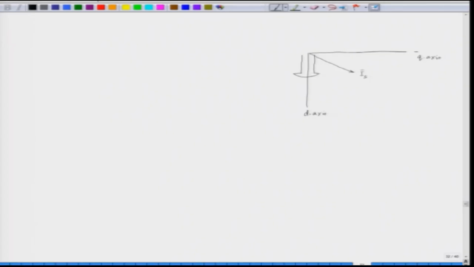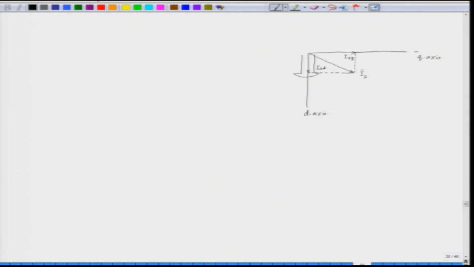Now, this current I s can be resolved into two components, one along the d axis, the other along the q axis. So, we project I s along the d axis. This is called I s d, the direct axis stator current, and the current along the q axis is called the quadrature axis stator current, that is I s q.